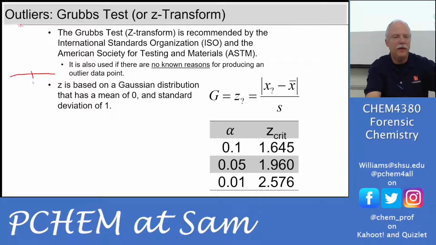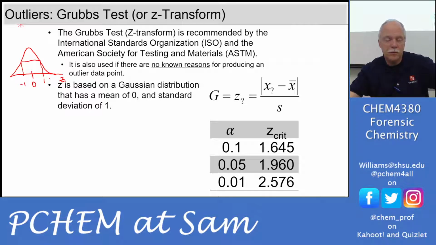So here's our mean of 0 and our standard deviation of this curve here of 1. And so this x-axis is Z, and we're calculating the Z value for our data point.